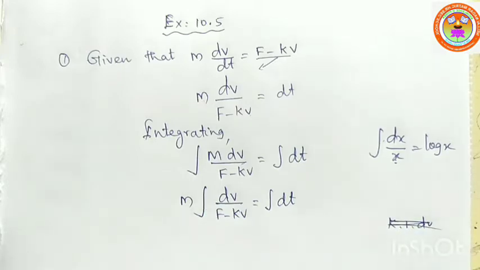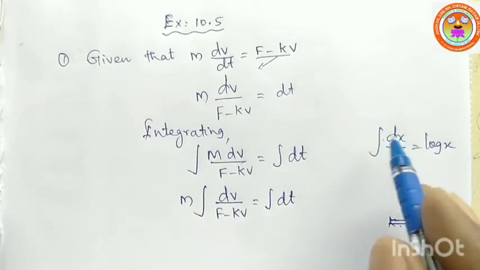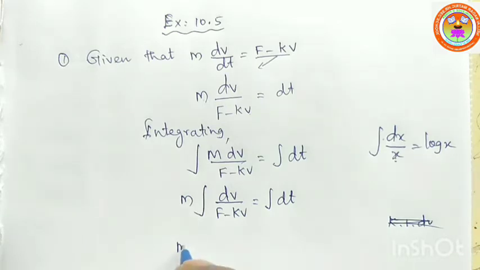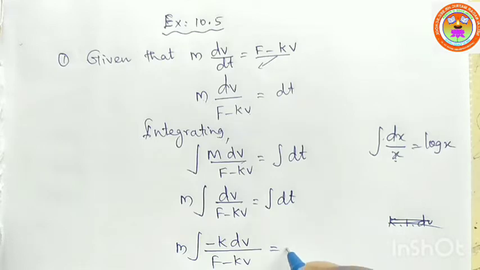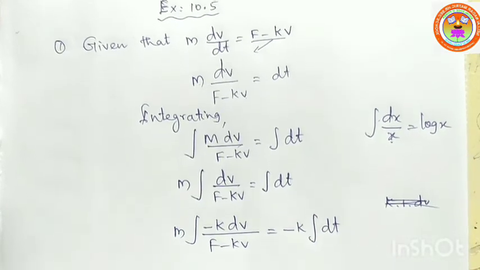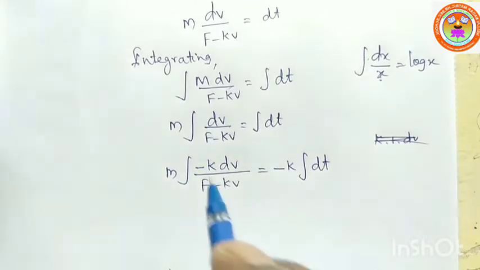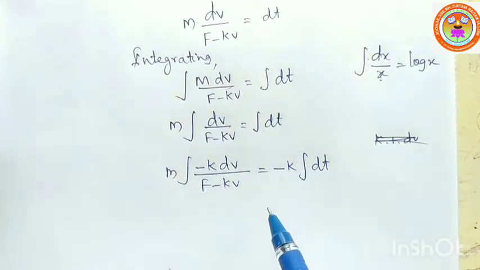So we can multiply by minus k on both sides. Why are we going to multiply? In order to get the differential format. So m into integral of minus k dv by F minus kv is equal to minus k into integral of dt. Here we have multiplied by minus k on both sides.